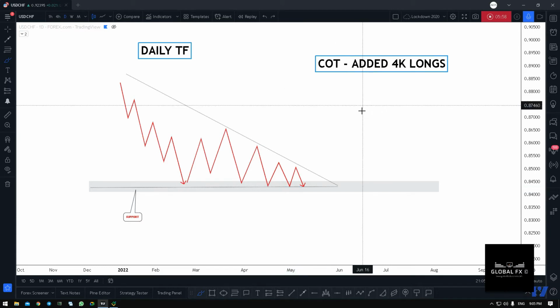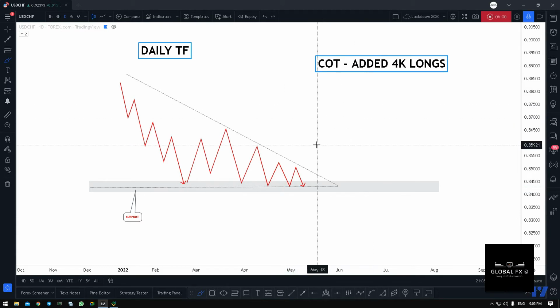What we are looking for is a big move. Because we are swing traders, we need to look for good low risk reward trades.